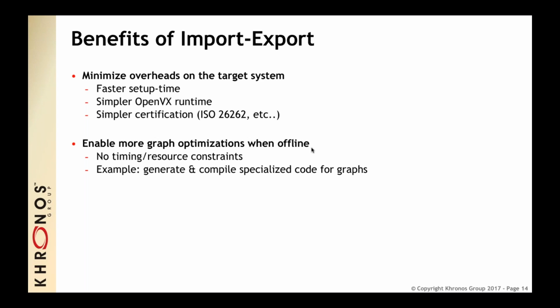The workflow works like this: somebody builds a graph and tests everything, and then they export a binary out of the graph into some kind of a blob, which is vendor specific. In a safety critical environment, the application all it does is import a graph and execute it: set an input buffer, run the graph, in a loop that goes in the real safety critical system.